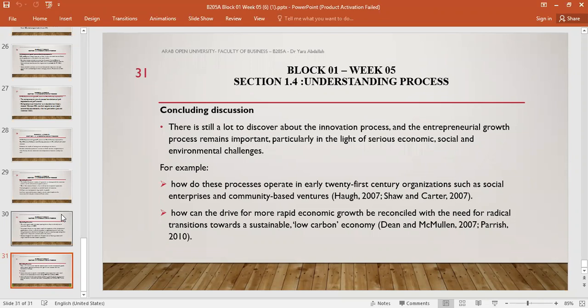For example, if you are going to live in a rapid economic growth country or society, you should adapt to this. So there is a transition from incremental innovation to radical innovation. And this can take place.